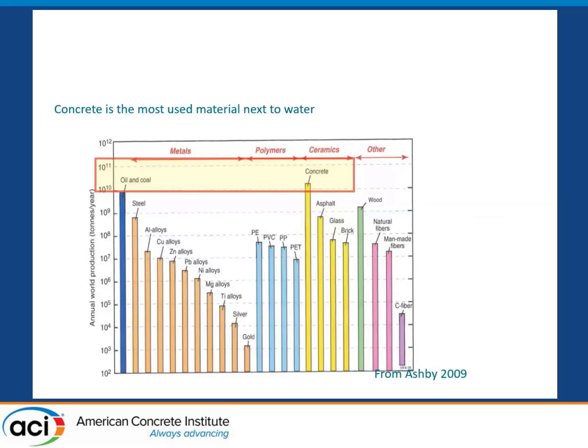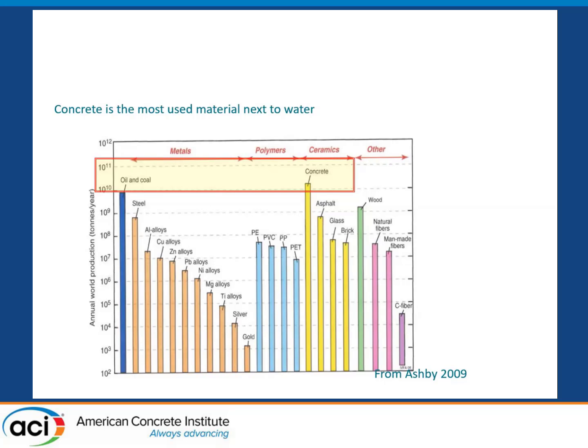One of the things we do see is that a lot of times you hear people say, well, concrete creates a lot of CO2. Well, actually, yes, in a way, but no in another way. Concrete is also, next to water, the most used product in the world, more than oil and coal. So as we can see, this material has helped our society grow to what we are, and given us the ability to have the buildings, the transportation, all of that.